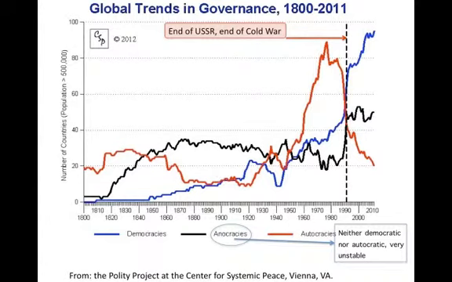Democracies continue their rise. Autocracies continue their fall. And then there's this strange term, anocracies, which are neither democratic nor autocratic countries. They're unstable, and they're often considered to be political systems in transition. Well, they're in transition, but they're certainly not a majority.